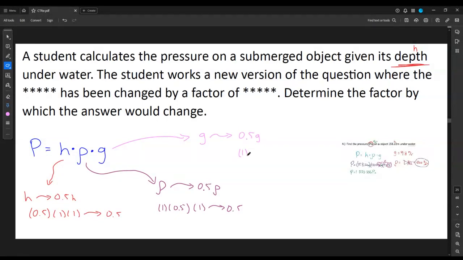Because the height would still be 1, it would be unchanged, the density would be unchanged, and then gravity would be in a ratio, new gravity to old gravity, of 0.5. So notice that all of these, if you have some reasonable value, end up giving the factor back again. Makes sense because it's a fairly boring equation. It's just find a bunch of stuff and multiply it together.